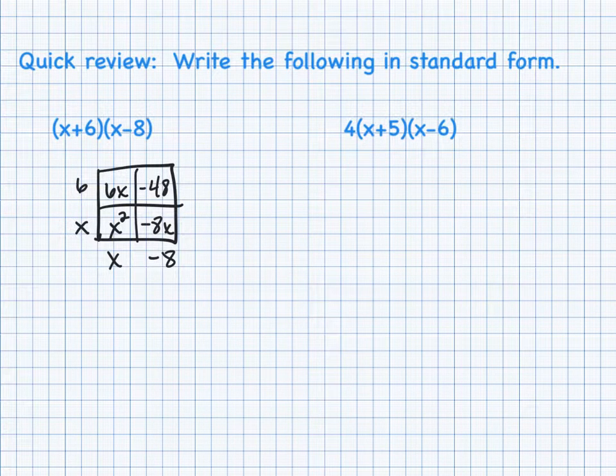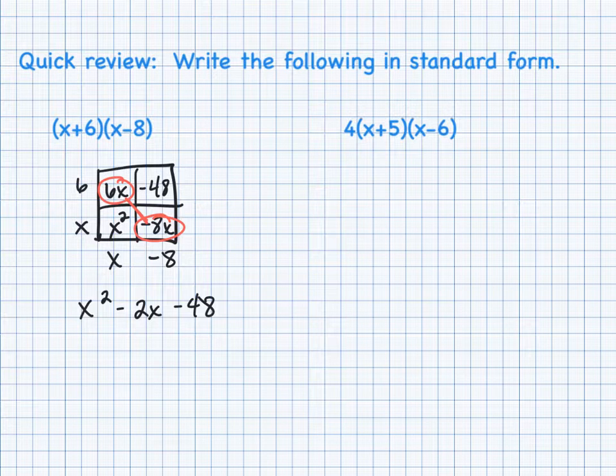So basically what I'm doing here is x times 6 to get that 6x, 6 times negative 8 to get the negative 48, x times x for my x squared, and x times negative 8 for my 8x. Then I need to write it out, combining my like terms, which are often, but not always, in diagonal corners. So x squared minus 2x minus 48. And I get that negative 2 from the 6x and the negative 8x.